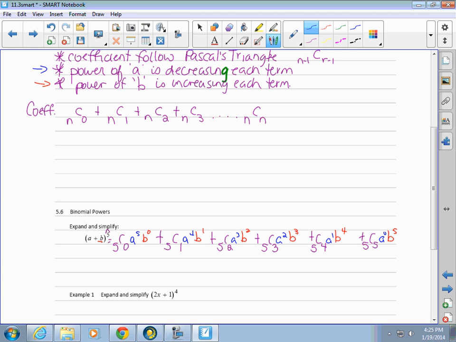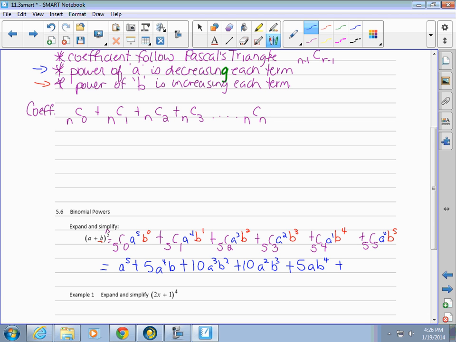5 choose 0 is just 1. So this equals a to the 5th, plus 5 choose 1 is 5, so that's a to the 4, b, plus 5 choose 2 is 10, a cubed, b squared. 5 choose 3 is 10, a squared, b cubed. 5 choose 4 is 5, a, b to the 4th.